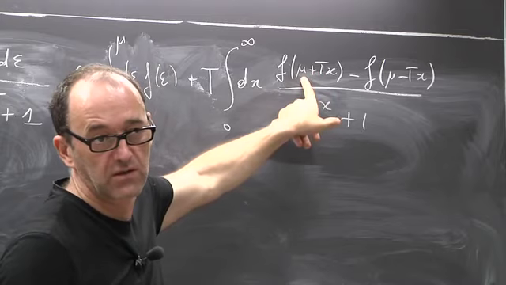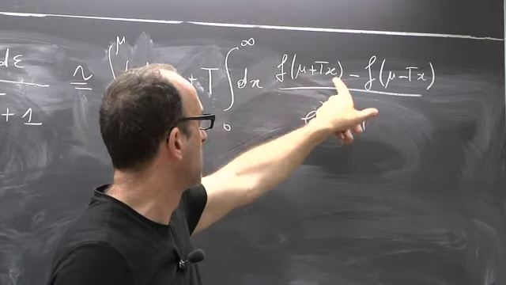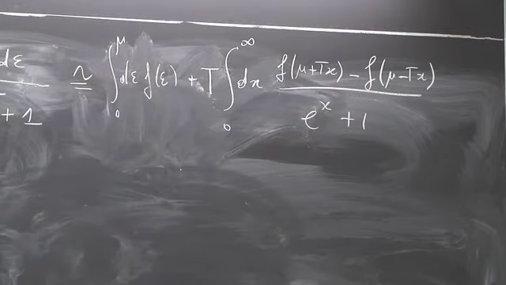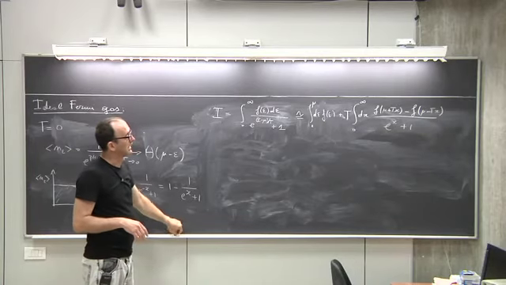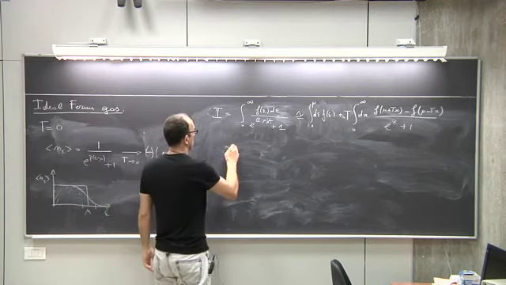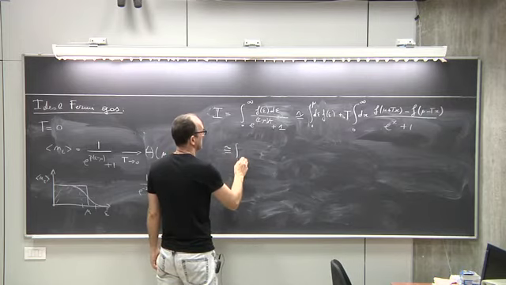Okay. So what I can do is to introduce here a series expansion, expand the function f around mu, and so I will get the first term, which is just the same.